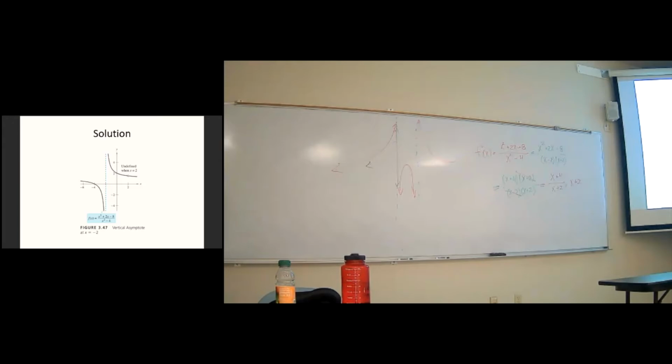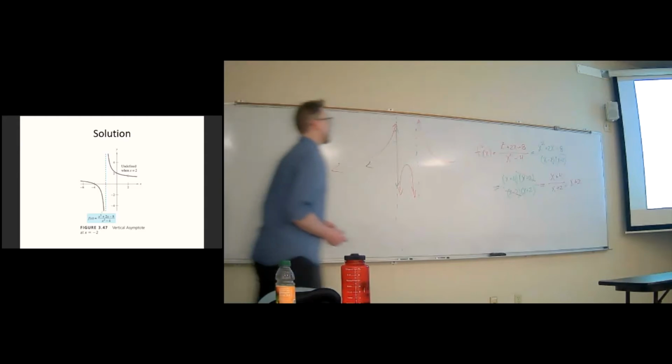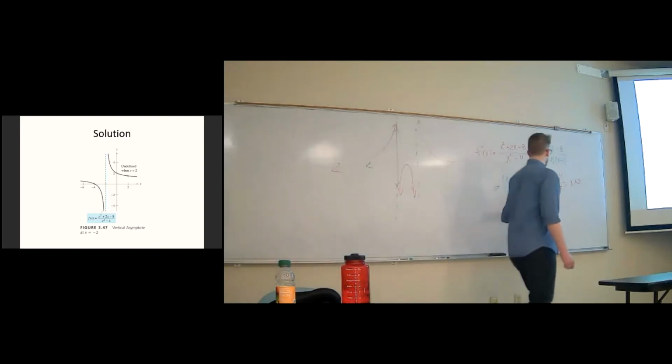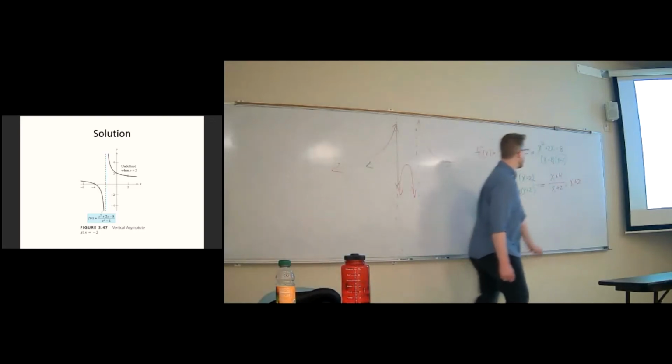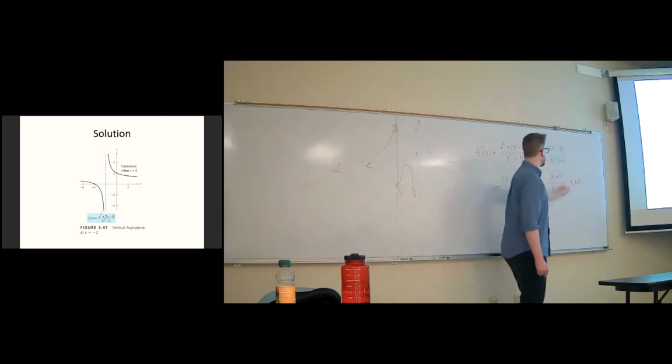So because we were able to factor out one of those discontinuities, that discontinuity became a hole. The one that remained became an asymptote. Took out that x minus 2. So it's simplified to this expression everywhere except at x equal to 2.